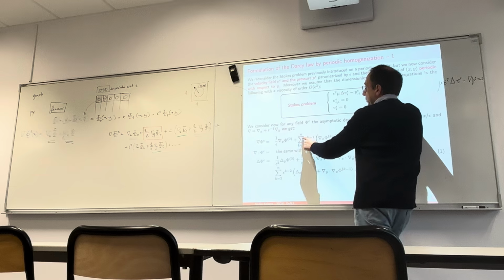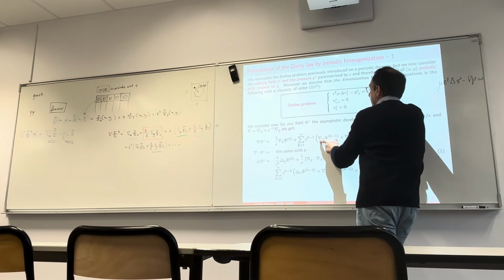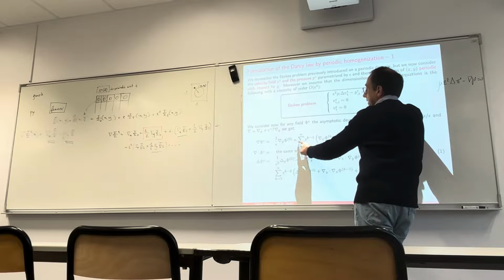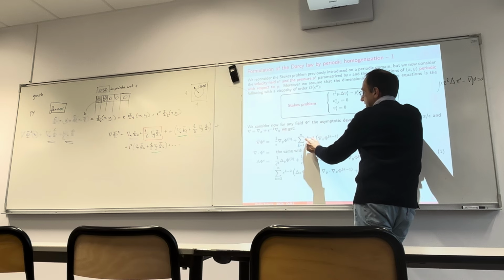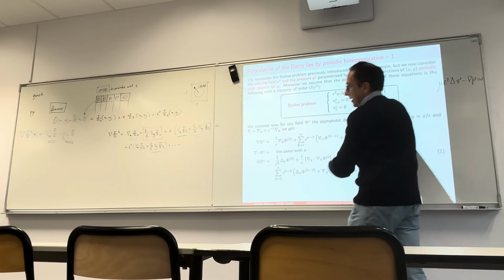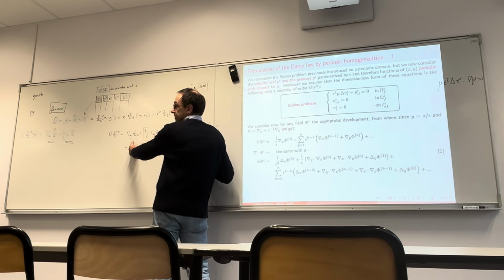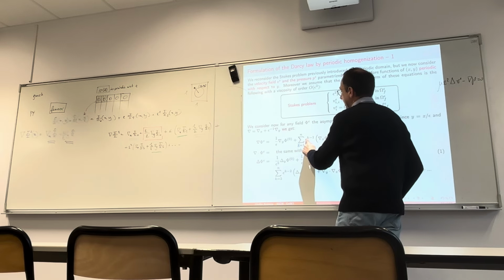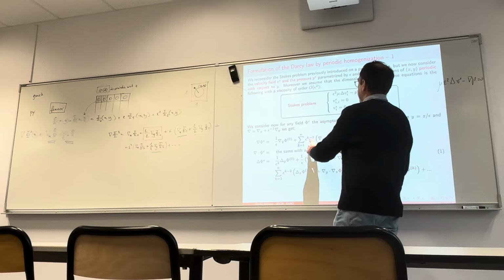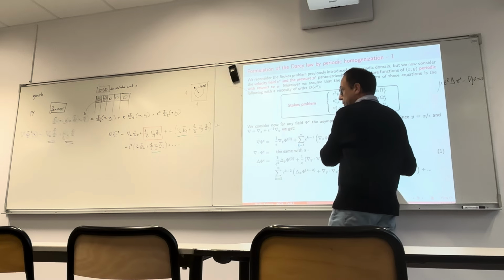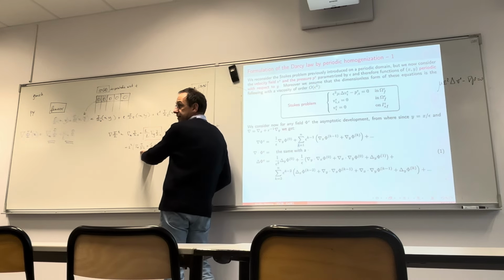So k running from 1 to n, epsilon to the k minus 1 of this. For instance, for k equal to 1, we get epsilon to the power 0, so 1, and then gradient x of phi naught plus gradient y of phi 1, which is exactly the summation of these two blue terms. And then for k equal 2, you have epsilon to the 2 minus 1, so epsilon times gradient x of phi 1 plus gradient y of phi 2, which is exactly what is written here, and so on.